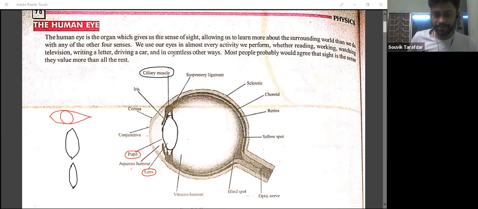Now, everything I told about here, this is the cornea. First, when light is entering, it is entering through the cornea.